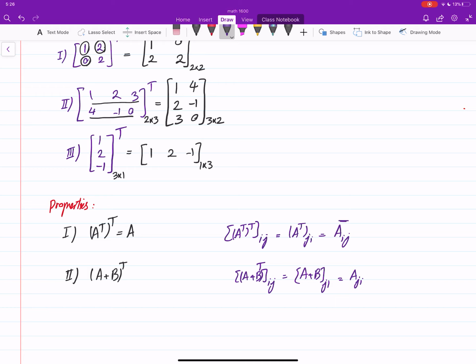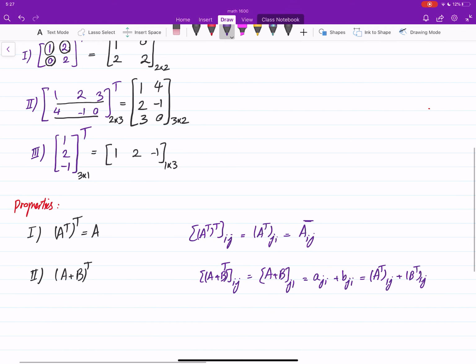This is the same thing as a_ji plus b_ji, which is the same thing as the ij entry of A transpose plus the ij entry of B transpose.